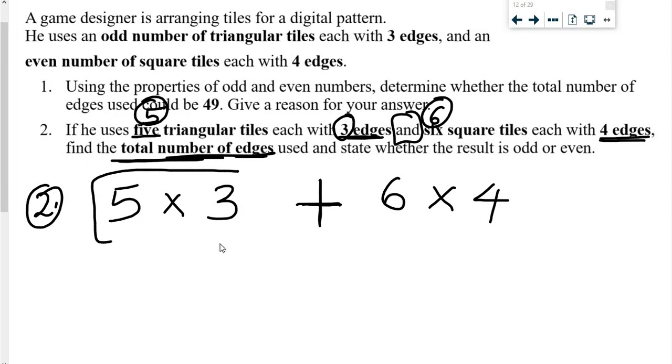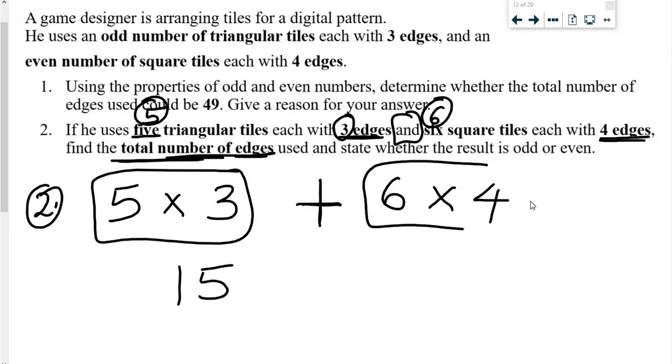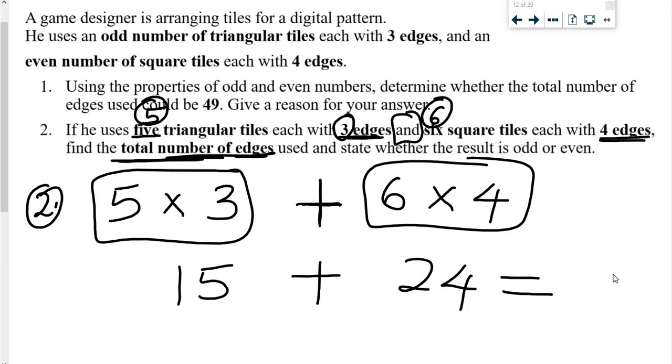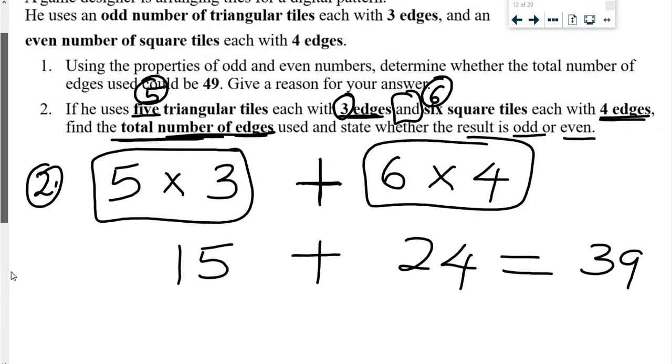First, take these two numbers, multiply. Also take these two numbers, multiply them. 6 into 4, 24. 5 into 3, 15. Now add these two numbers. What is 15 plus 24? Answer will be 39. Now, after finding the total, can you state whether the result is odd or even?